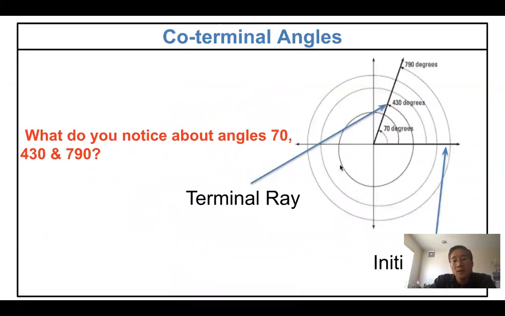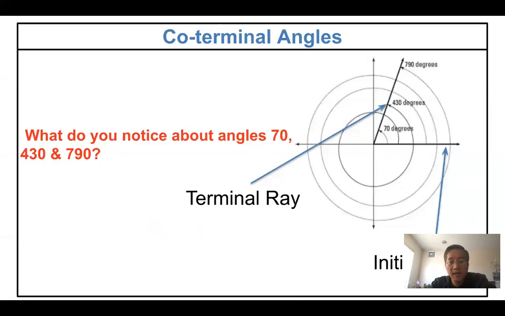Now, let's talk about the coterminal angles. We know that the angles start from the initial ray, and if you move the terminal ray from here to here, let's say first it's 70 degrees, right? If you keep moving this terminal ray and make one circle, one circle is 360 degrees.